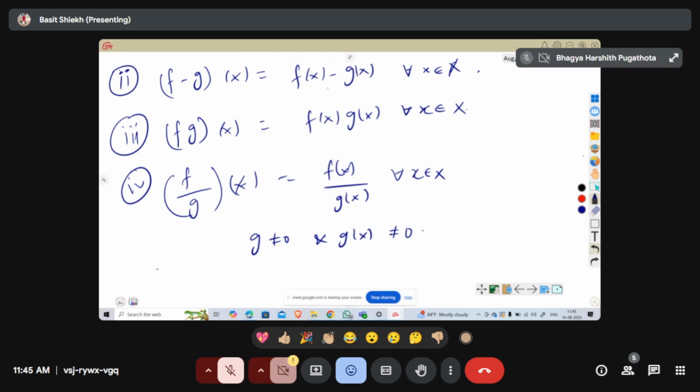Let's say we have one example. Example one: f is from minus 4 comma 3 and g is from minus 2 to 1. f of x is given.